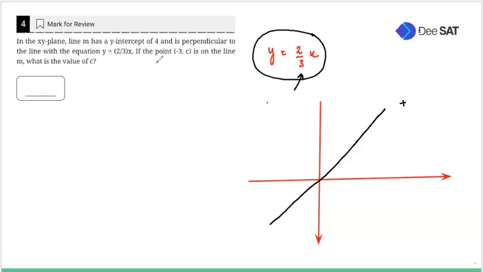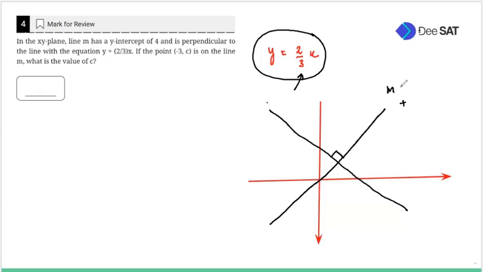If the line M is given to me, it must be going somewhere like this, so the slope must be negative. Now if the lines are perpendicular to each other, the product of the slopes equals -1, or they are negative reciprocals of each other.